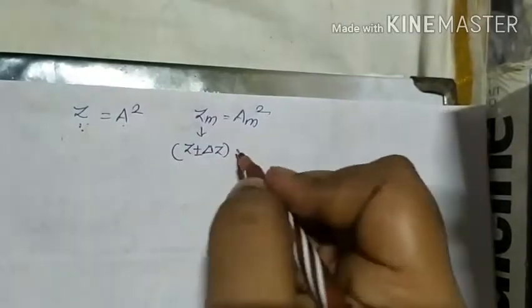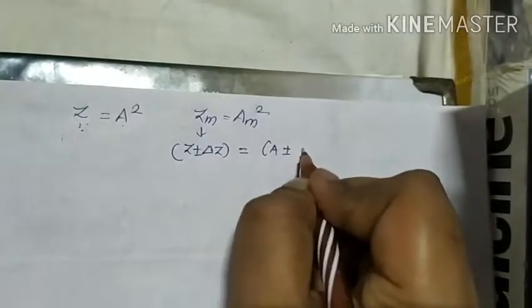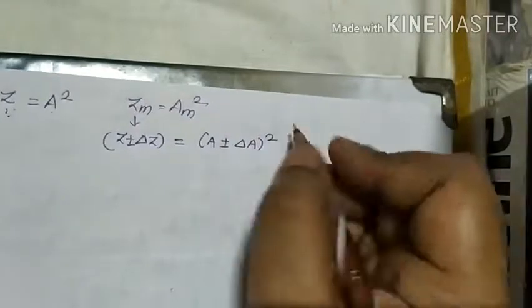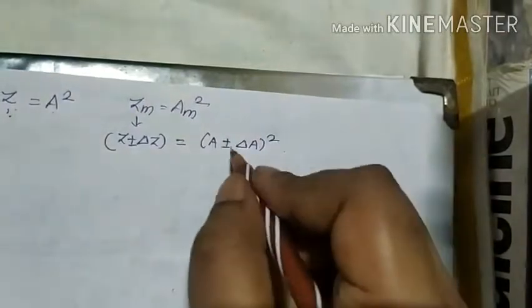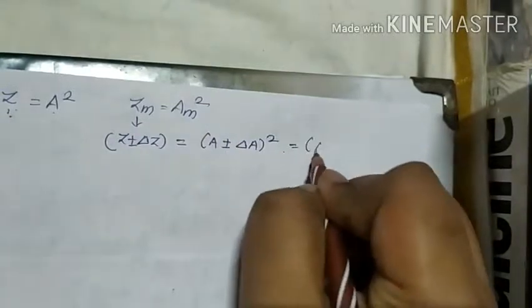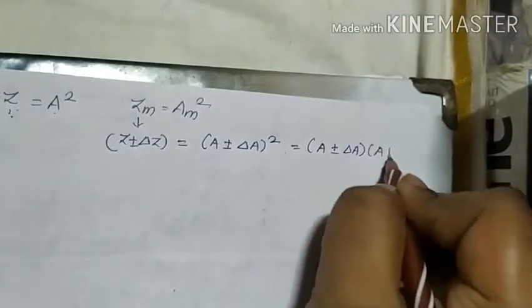I'm not going to write this entire thing. And a is written as a plus or minus delta a whole square. Now this is an a plus b whole square section. But the problem is along with plus there is minus also. So what can I do? I'll split it like this: a plus or minus delta a into a plus or minus delta a.